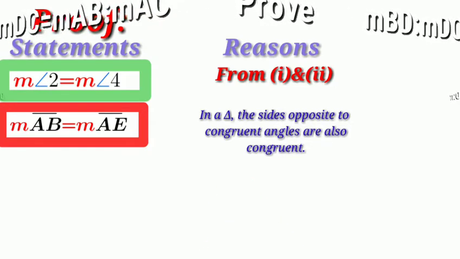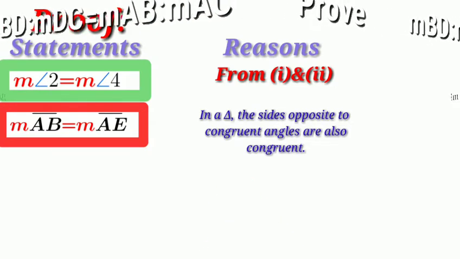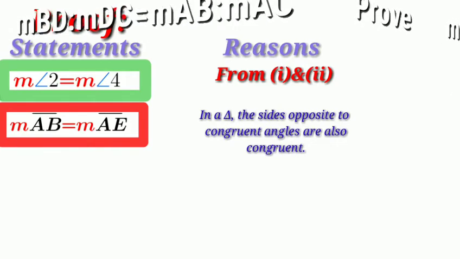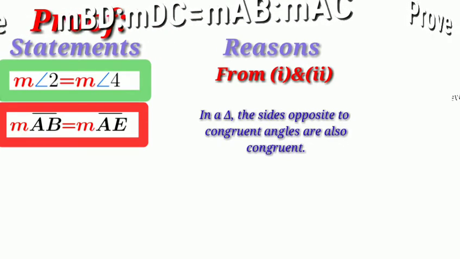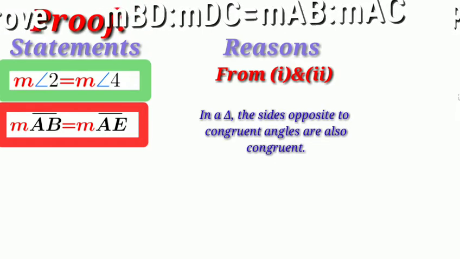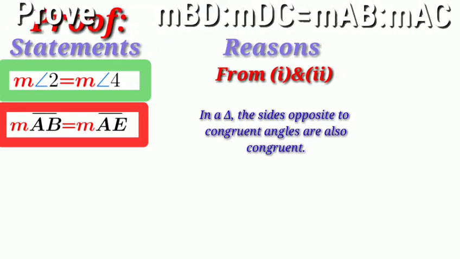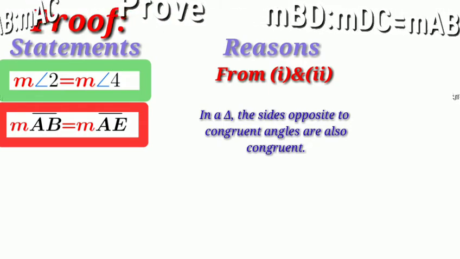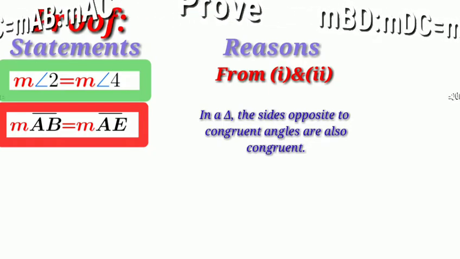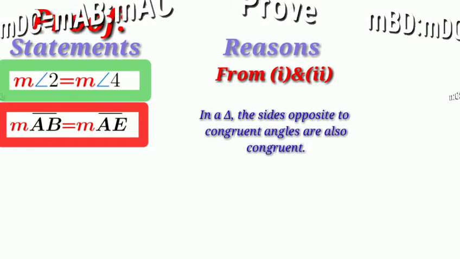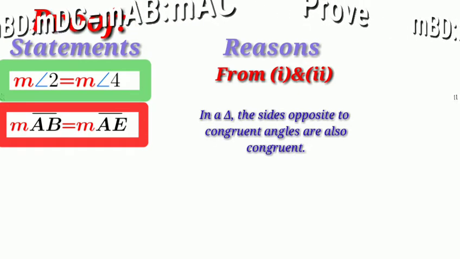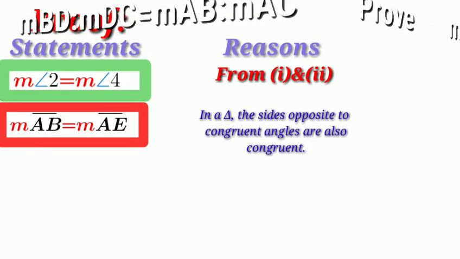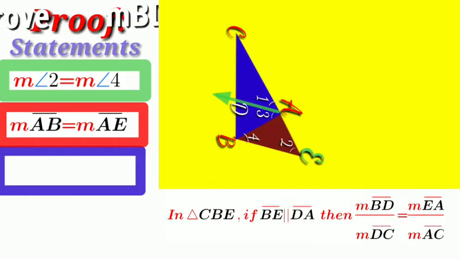So side AB is equal to side AE. This equation will be used to connect the construction and the proof, which we have already mentioned, so that with the help of this equation we can prove the theorem.